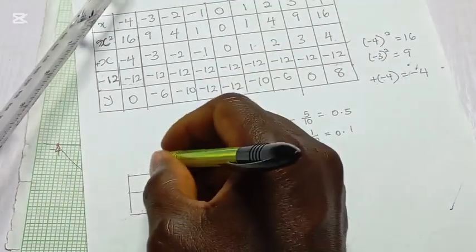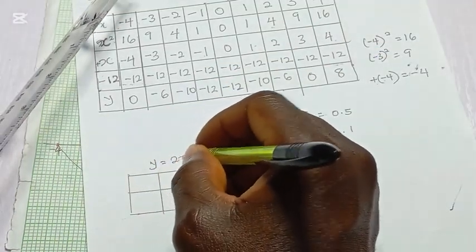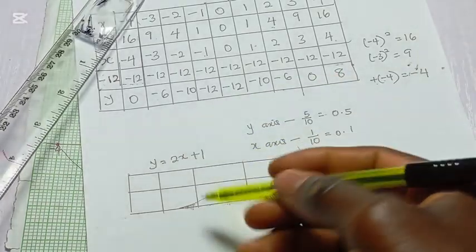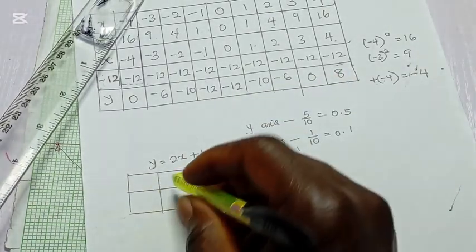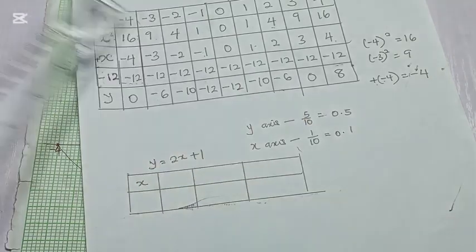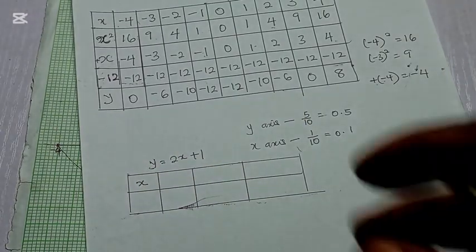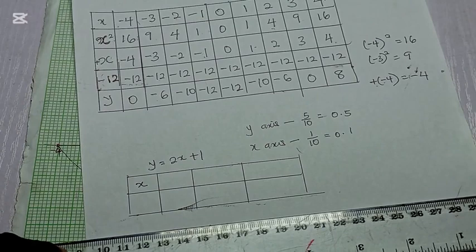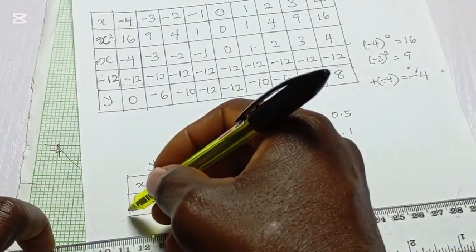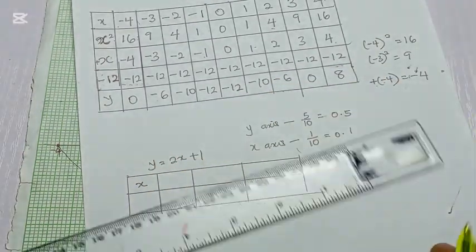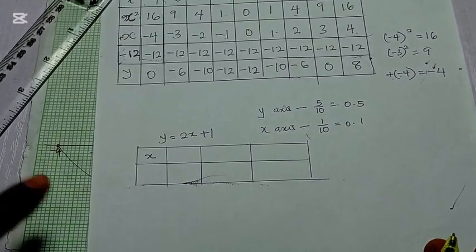So this is for y equals 2x plus 1. So now here I have the value of x, and then I can create another row just to add that up together. Maybe here you can use substitution. I think that will be fine. You can just go ahead with that.